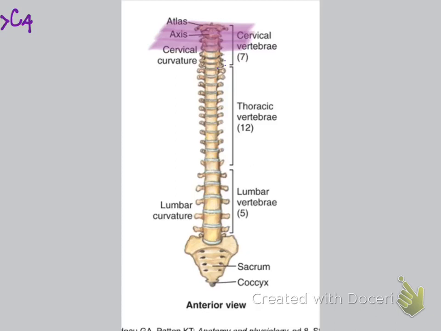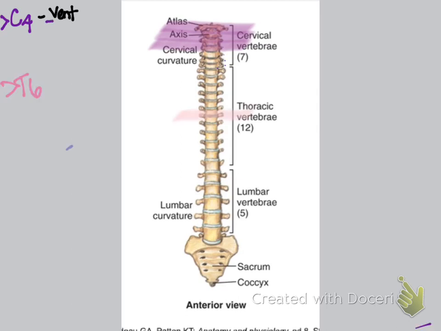So I highlighted here your first 4 cervical vertebrae, because usually if you have a greater than C4 injury, your patient could possibly end up on a mechanical ventilator. Now, this is if they have a complete spinal cord injury, they most likely will end up on a ventilator.